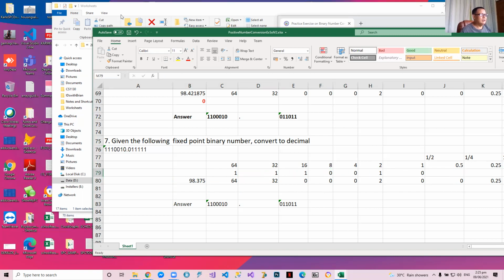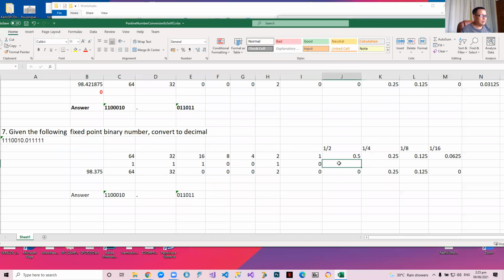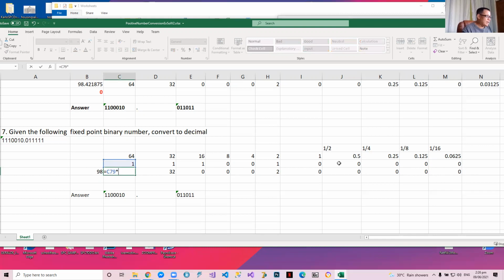Okay. 0, 0 first, no? There's something wrong with this. Maybe when I copied, the formula should be this times this. Oh. Our formula is wrong, no? Should be this times that.